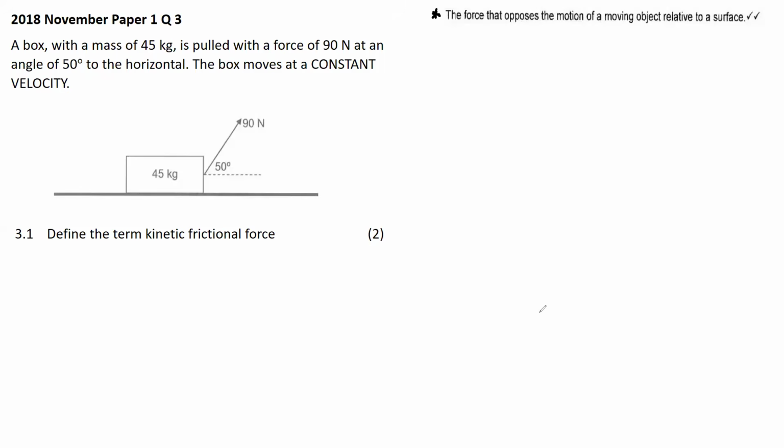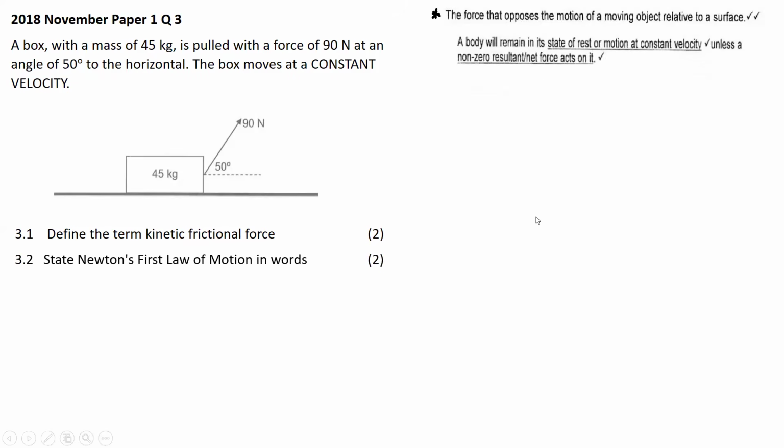Okay, we should have a next question here. So we've defined that. The first couple of questions are just basic definitions. State Newton's first law of motion in words. I think to state it, I would say the one that I've just put across: a body will remain in a state of rest or motion at constant velocity unless a non-zero resultant or net force acts on it.